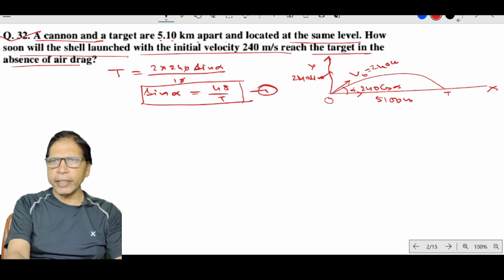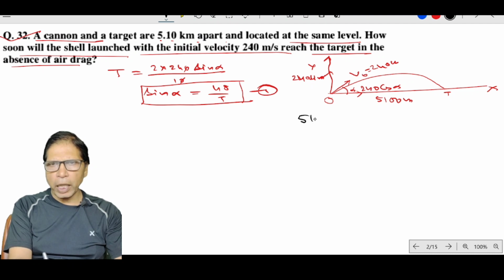Now look at the horizontal distance, 5100.